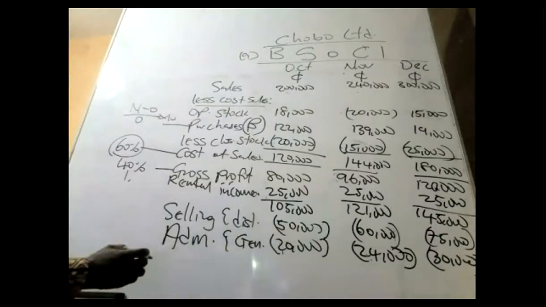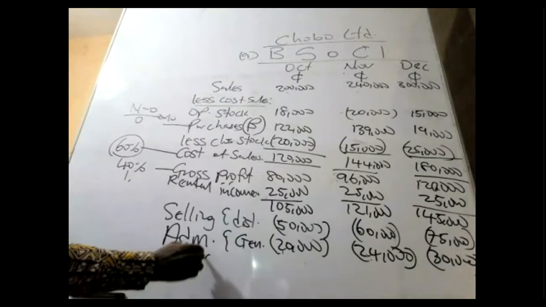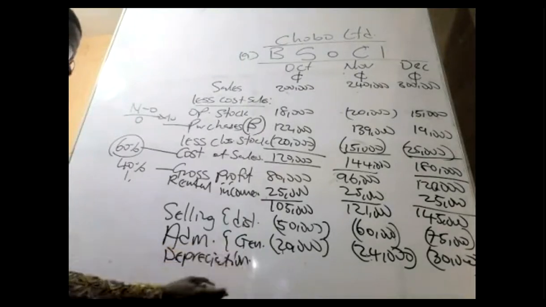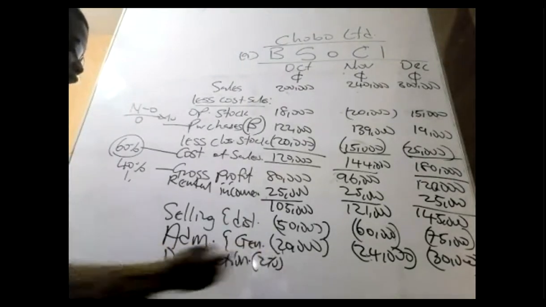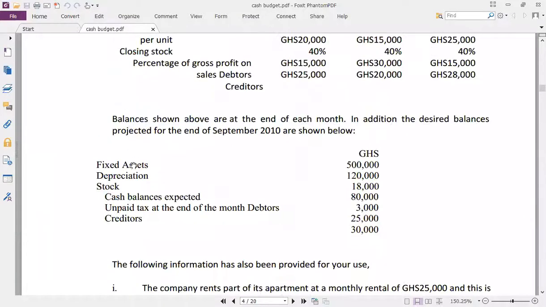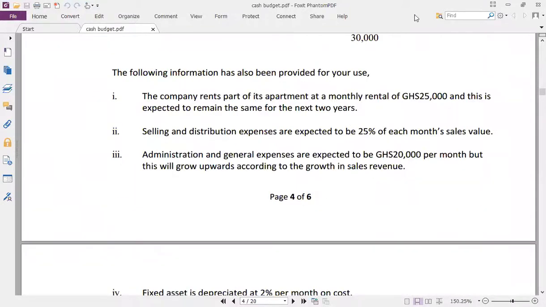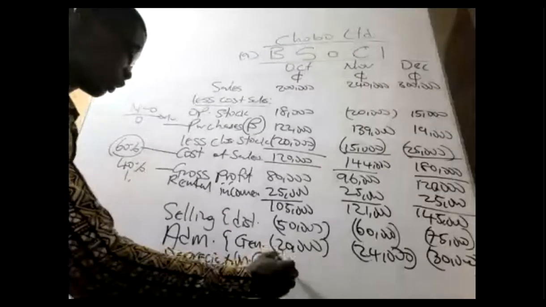The depreciation is 2%. Let's calculate it quickly. What's the cost of the machine? The fixed asset is 500,000. 2% on 500,000 is 10,000. So here will be 10,000.